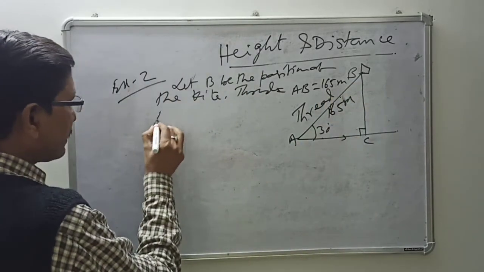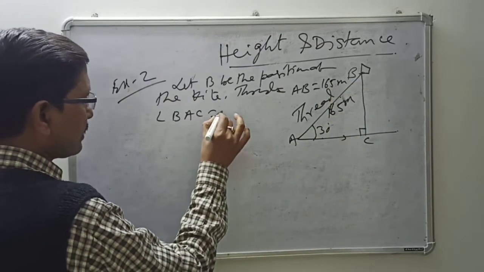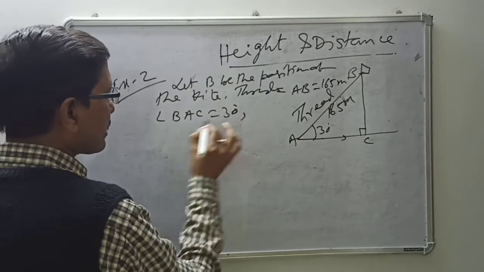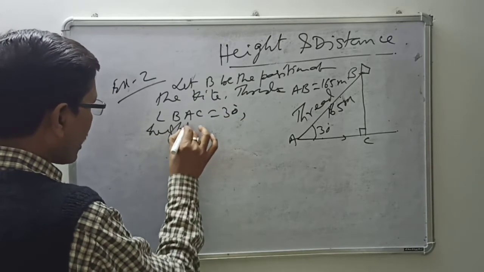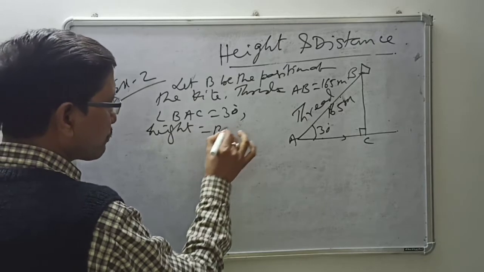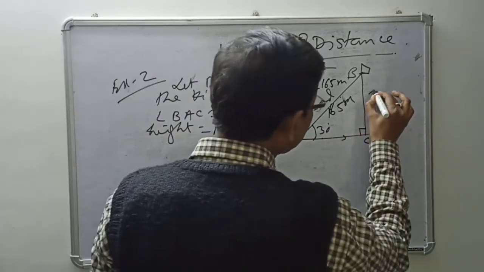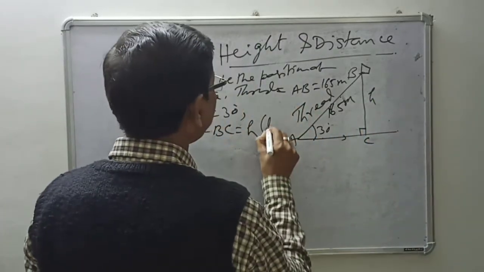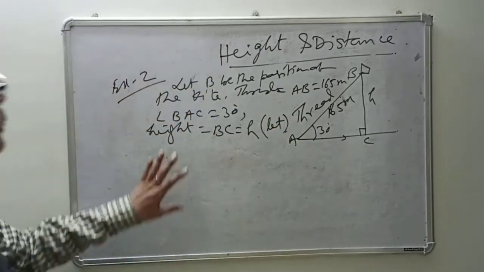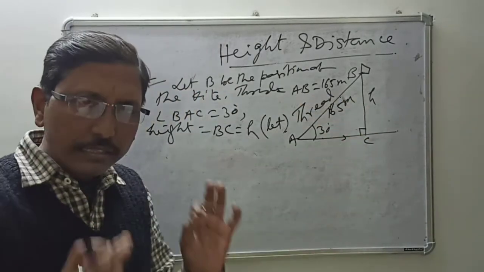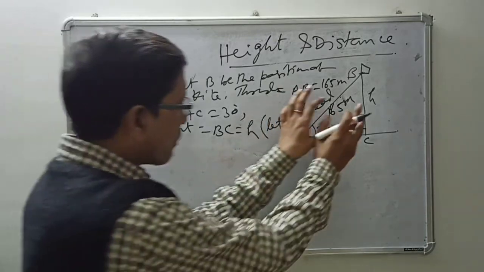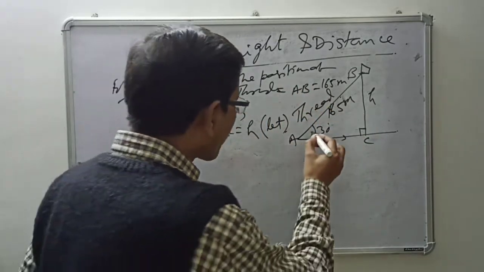And the angle BAC is given, 30 degree, and the height of the kite from the ground is BC. Suppose we have taken H, that is to be found out.